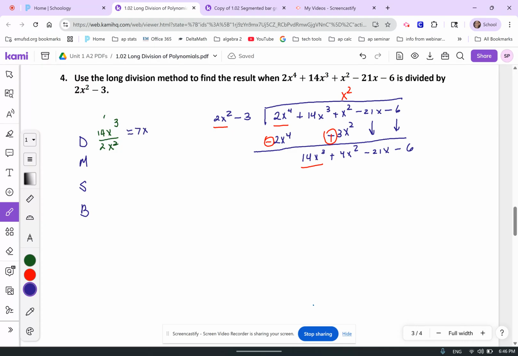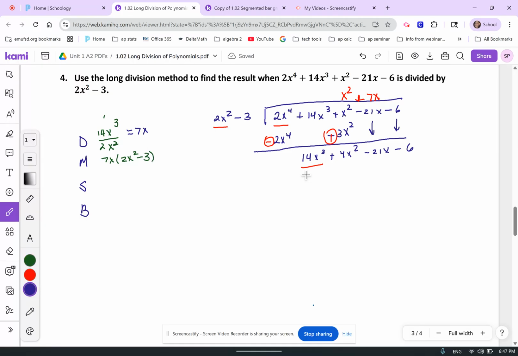So it's 7x, and we're going to line that up above the other term in the dividend, the negative 21x, nice and neatly. And we're going to multiply. So we're going to take the 7x and multiply it by the 2x squared minus 3.